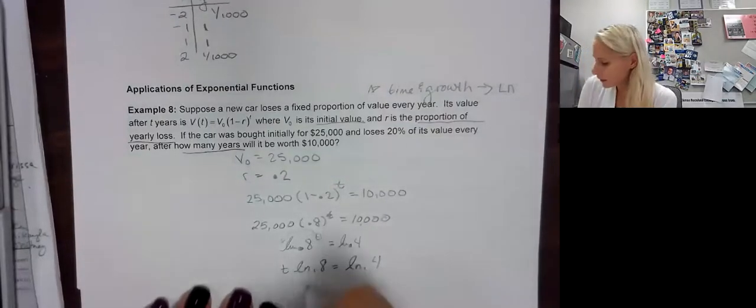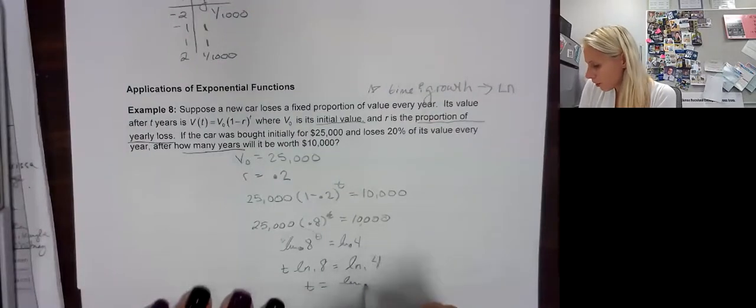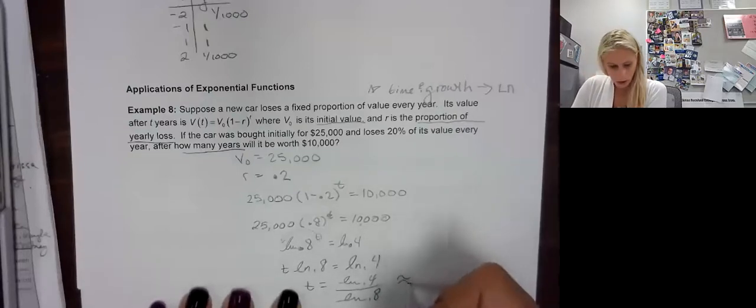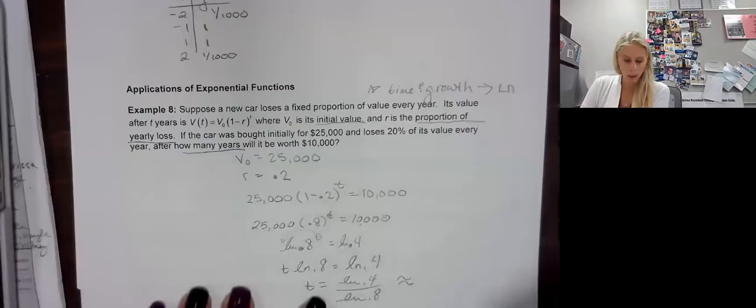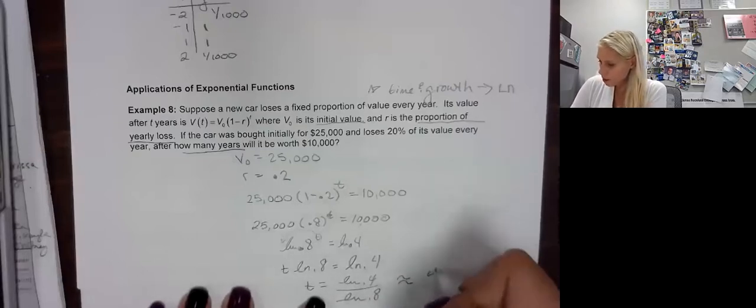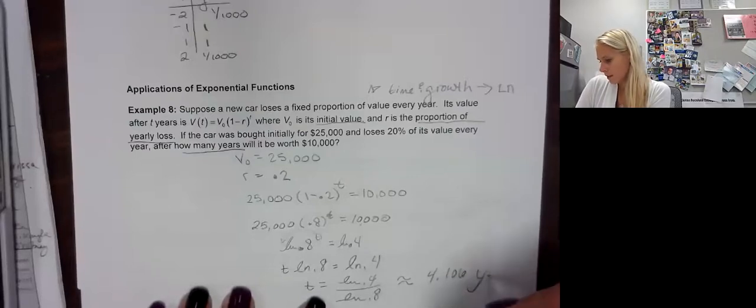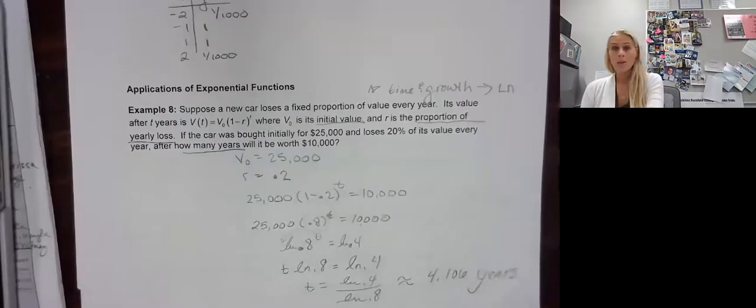So we're going to divide each side. So we get ln 0.4 divided by ln 0.8. And because it wants how many years, we're actually going to approximate this out. So 4.106 years. And we're all done.